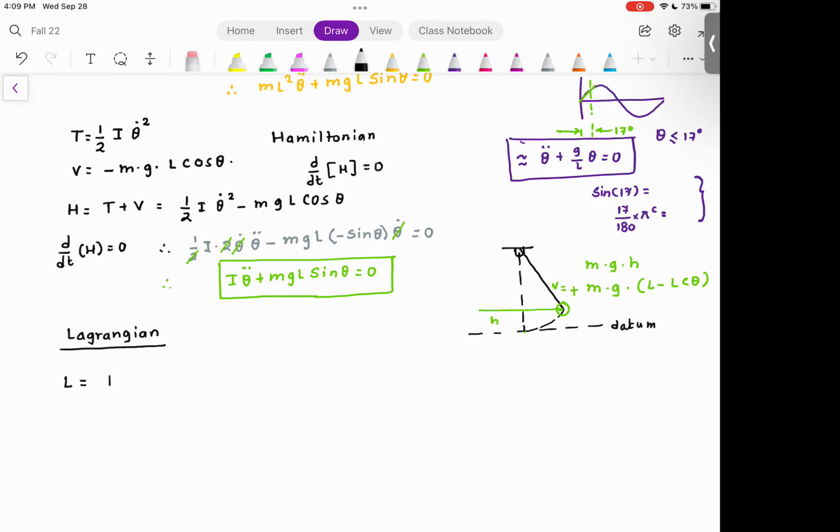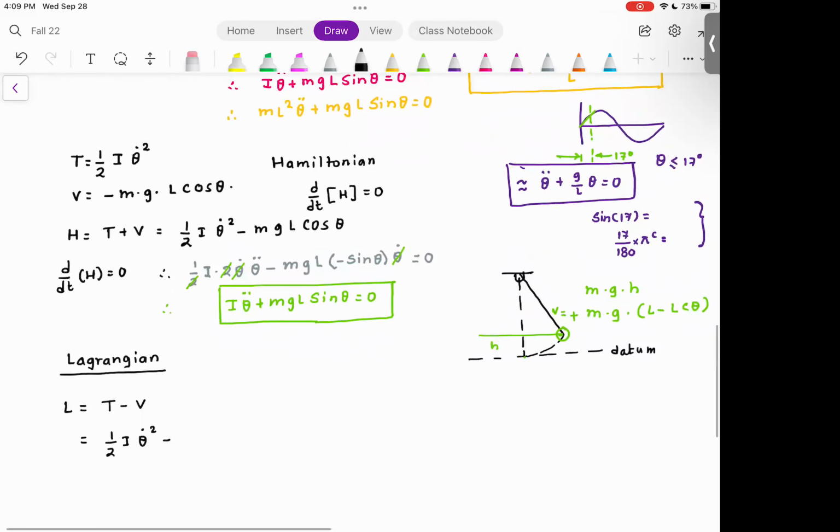The Lagrangian L is equal to T minus V. T is 1/2 I theta dot squared, minus V, and you can see the potential energy is minus m times g times L cosine of theta.